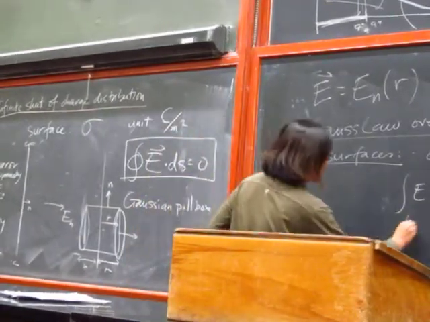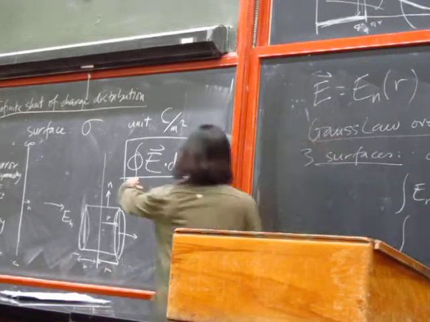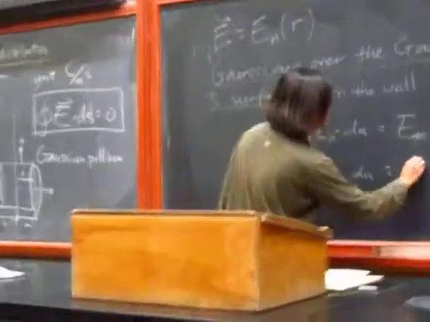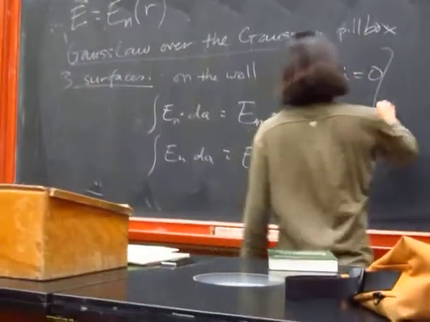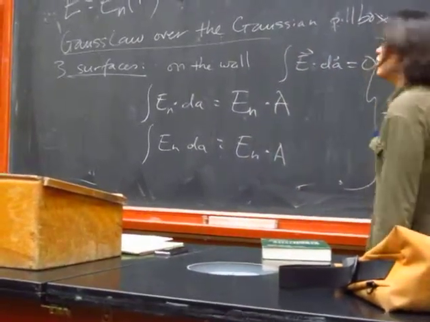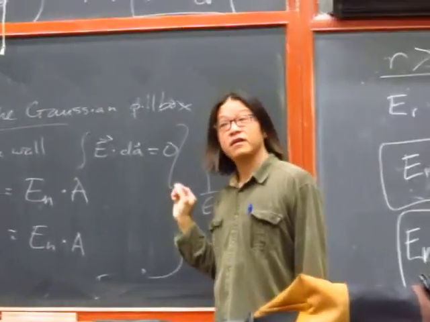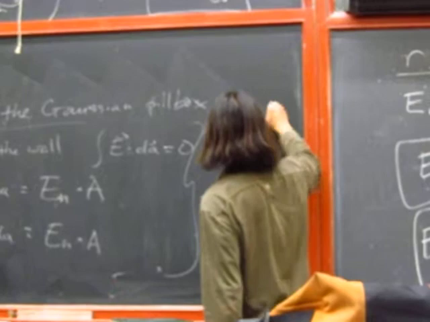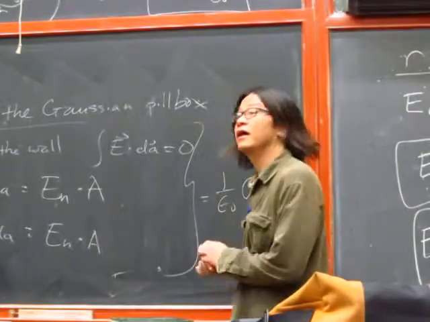The other surface again, by symmetry, is the same: E normal times A. And then this integral has to be equal to 1 over epsilon naught times the charge inside. What's the charge inside? Sigma times A. Yes, sigma times A.